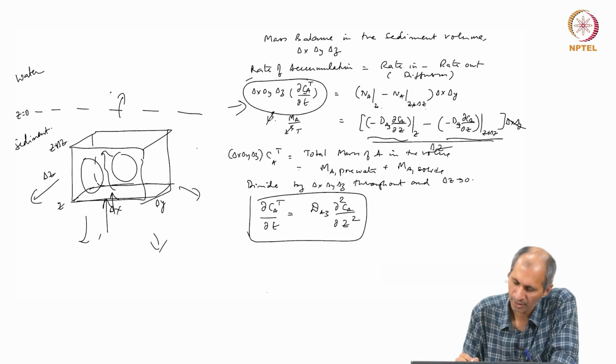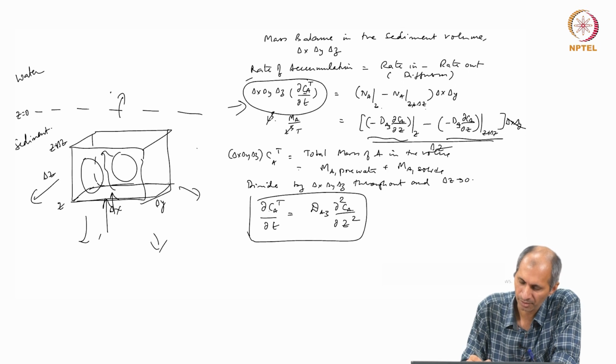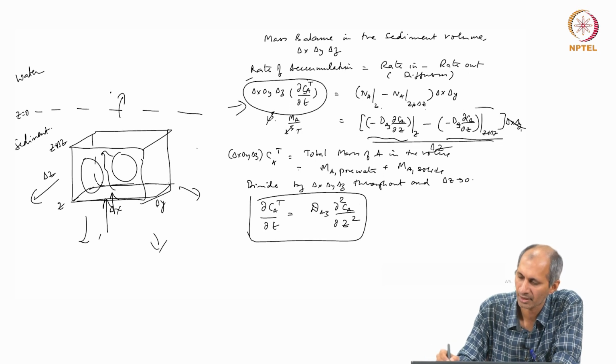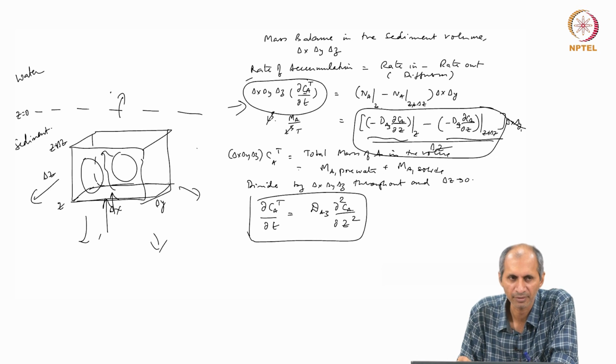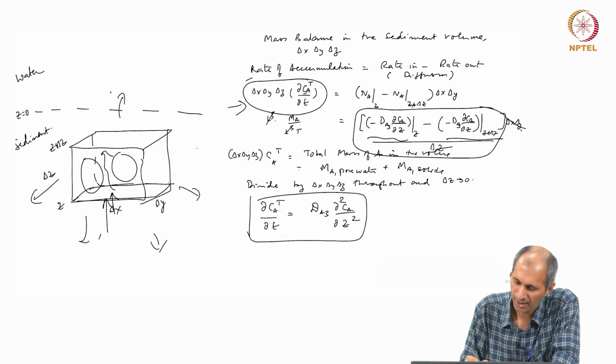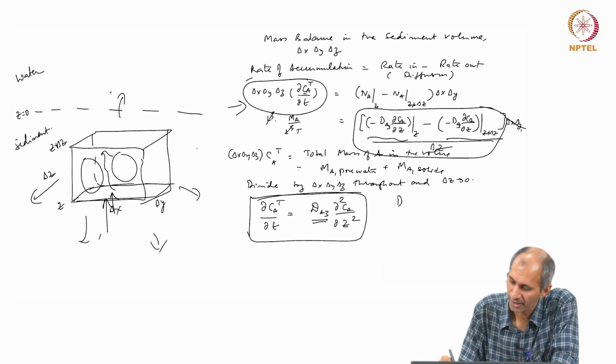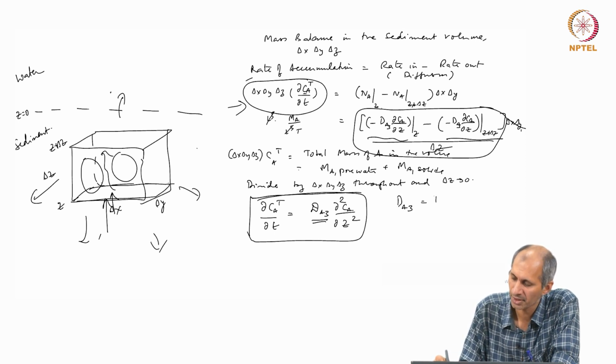Now this term, dou Cat by dou t, is the definition of the derivative; you can check it out yourself. In this there is a term I have written as dA3, which is diffusion in porous medium.